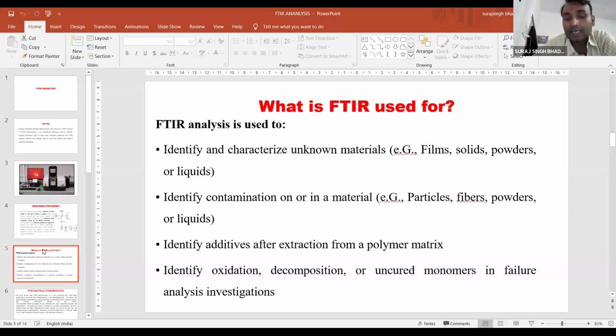Another use is to identify the extraction from the polymer matrix. When we talk about a polymer matrix, we have to know about that type of objective and the analytical procedure, which is determined by FTIR. Extraction means what?